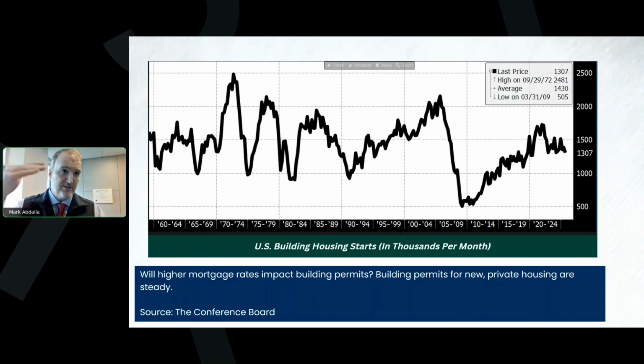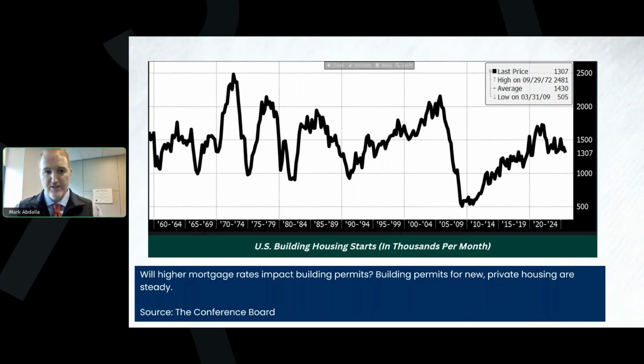We have mortgage rates that are a little bit high right now. If that comes down, then that could help stabilize this number. If mortgage rates come down, there's more incentive to buy a home, and with that, there's more incentive for a construction company to take that risk on building a home and applying for this permit.